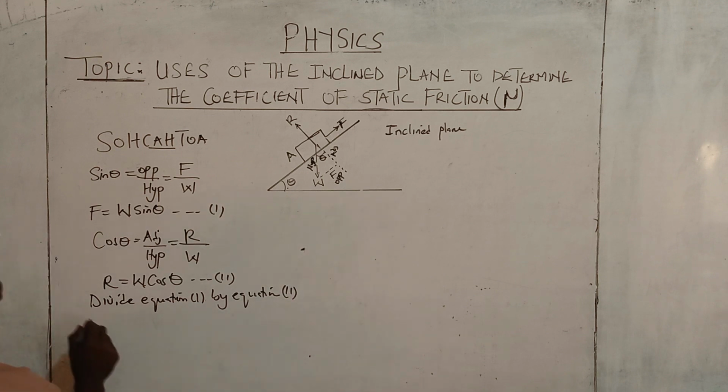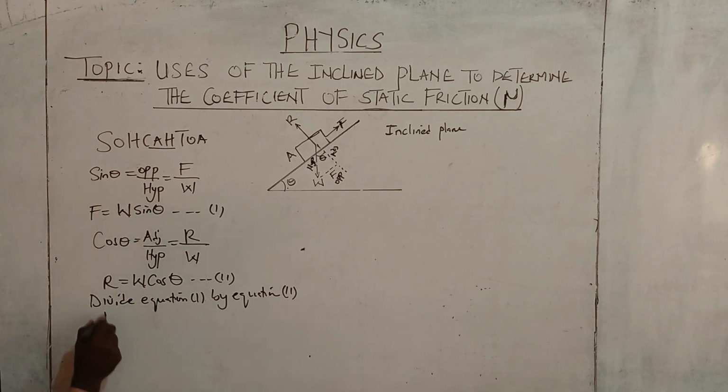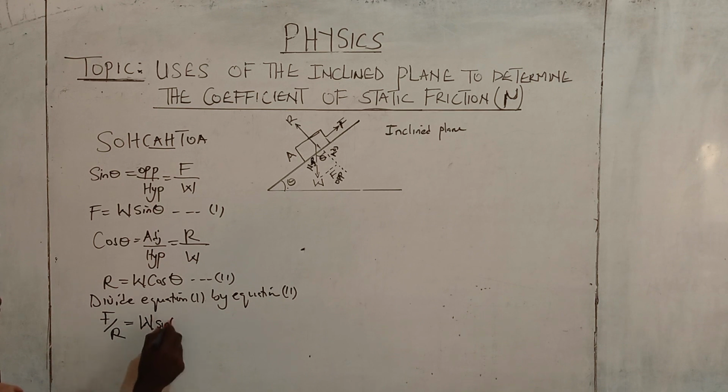We have F over R equals W sine theta over W cos theta.